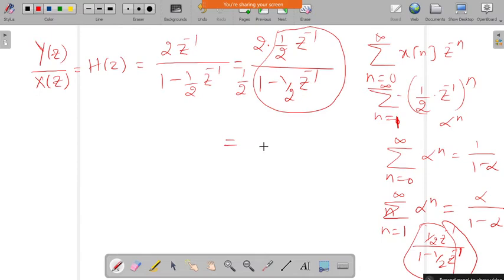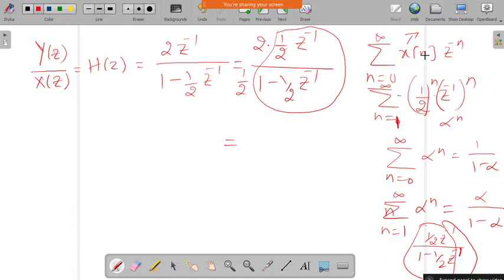If we take the inverse Z transform, we only have to write x of n. We are replacing x of n by alpha power n. We can split alpha power n into Z power minus 1 to the n. So x of n is nothing but alpha, 1 by 2 power n.